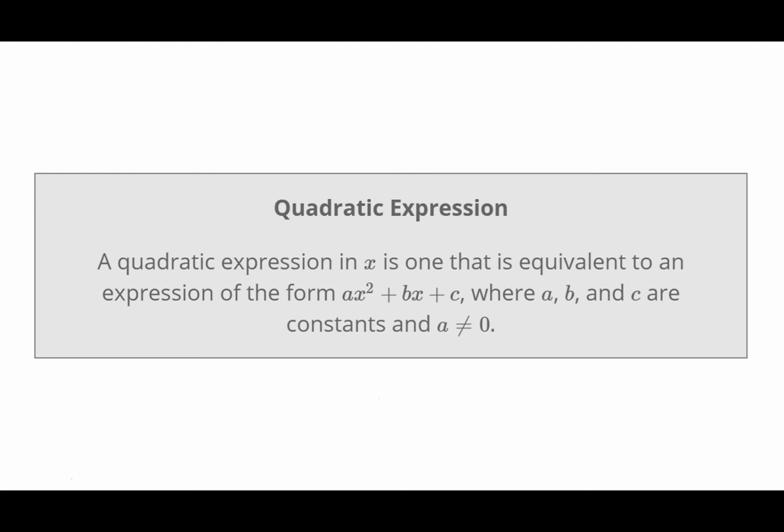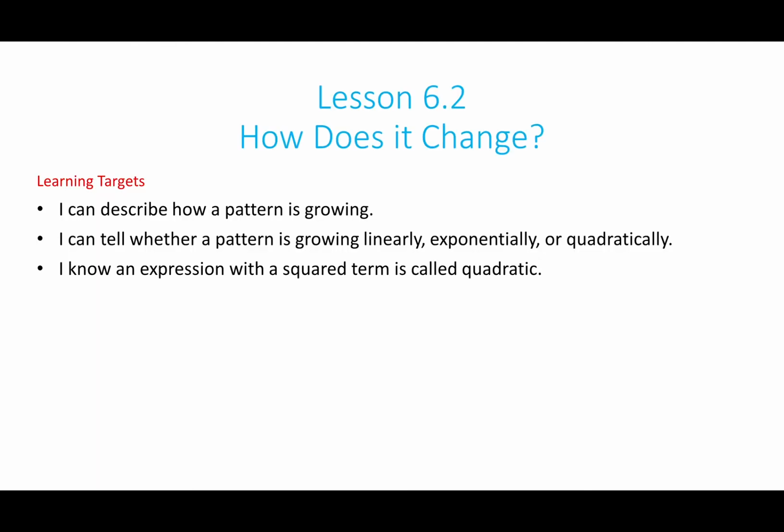All right, revisiting our learning targets, describing how the pattern is growing. We described that in words for a few different patterns of dots and squares. For telling whether a pattern is growing linearly, exponentially, or quadratically, remember that we're looking at, for linear, is it growing by adding the same amount over equal intervals?